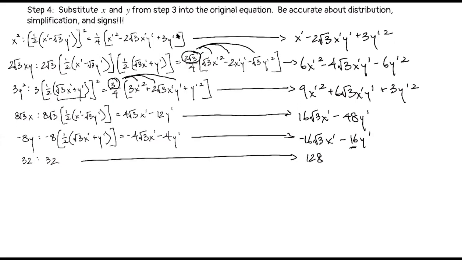So let's combine our like terms. Whew, we got a lot here. X prime squared, 6x prime squared, 9x prime squared. That gives me a total of 16x prime squared.